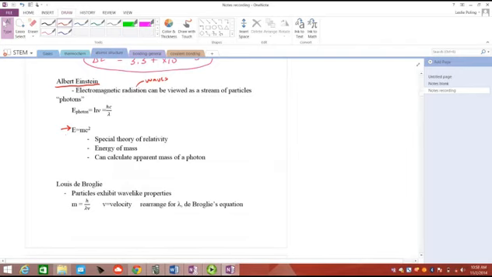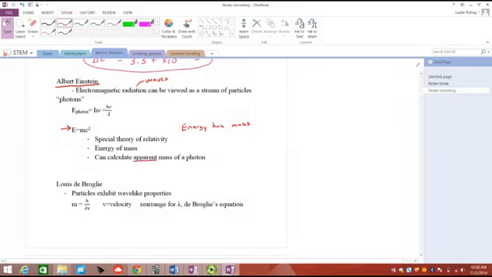Energy has mass. And through this, you can calculate the apparent mass of a photon.